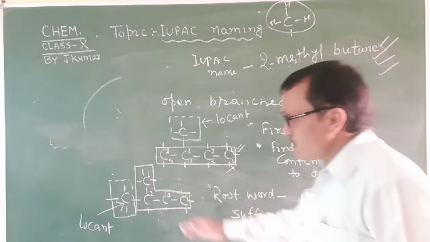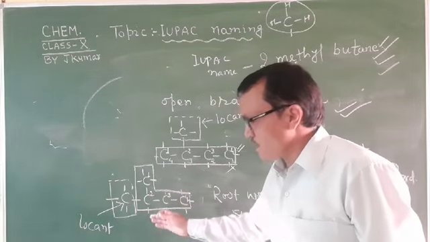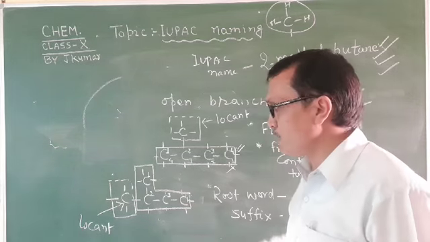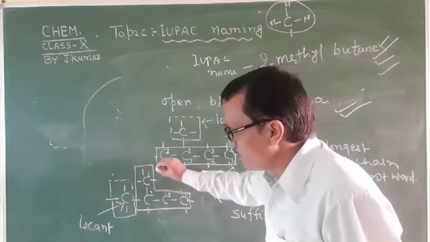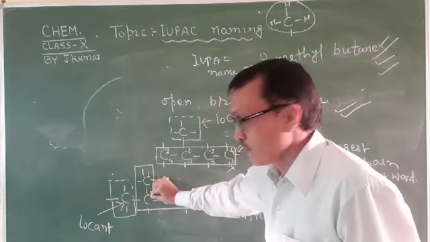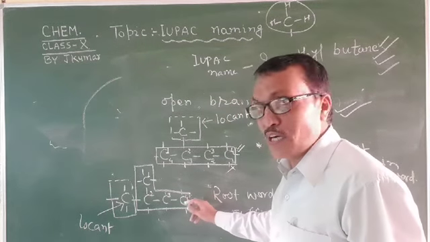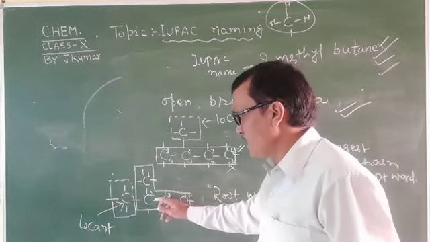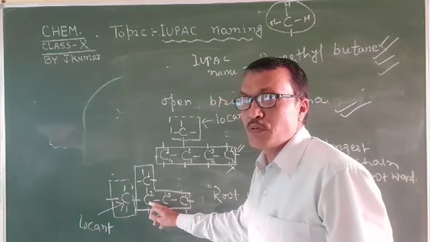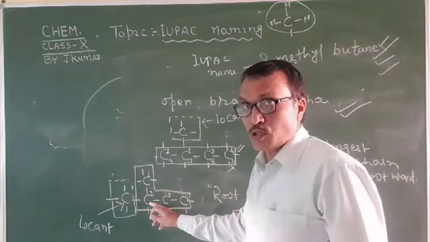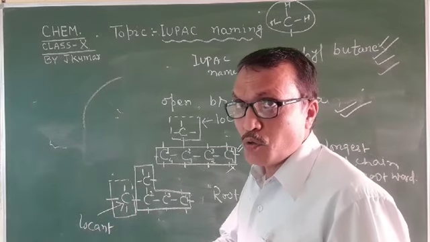Okay, students, consider this case. In this case also the naming will be the same. Also in this case the chain will be counted from this side, because if you count the chain from the right side, you can see the locant falls on third carbon, which will be wrong, because the locant should be at the lowest carbon.